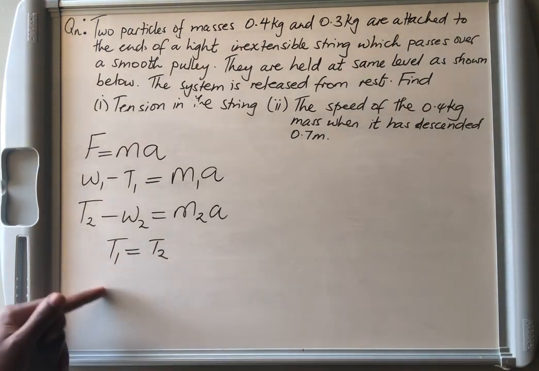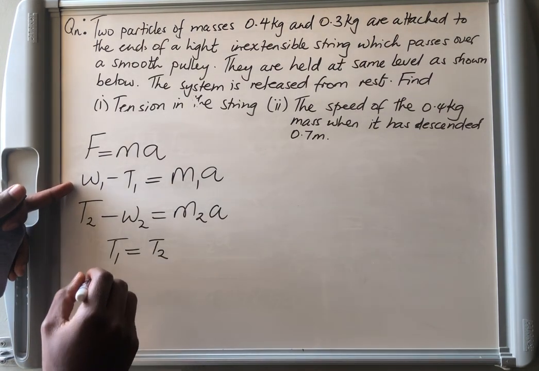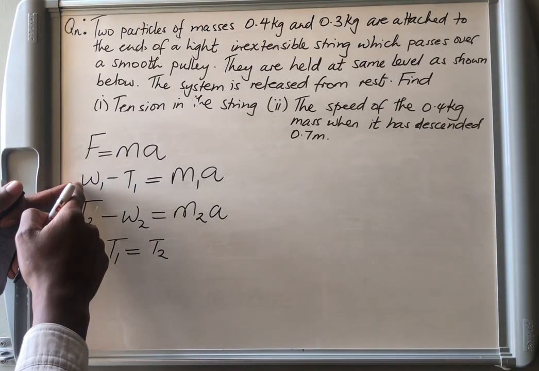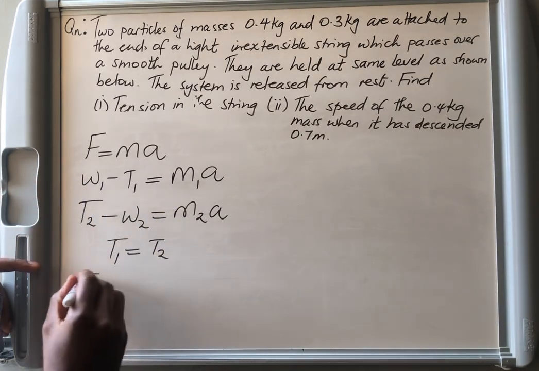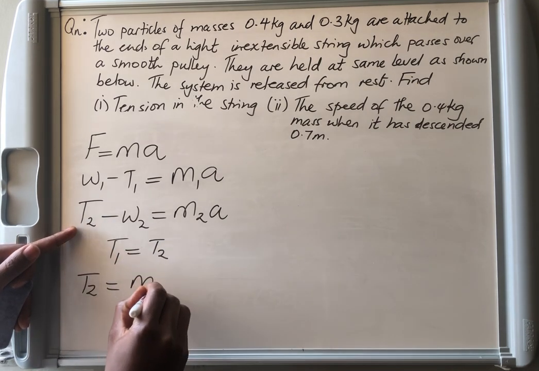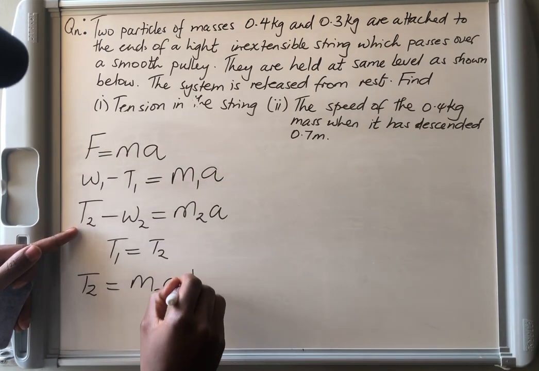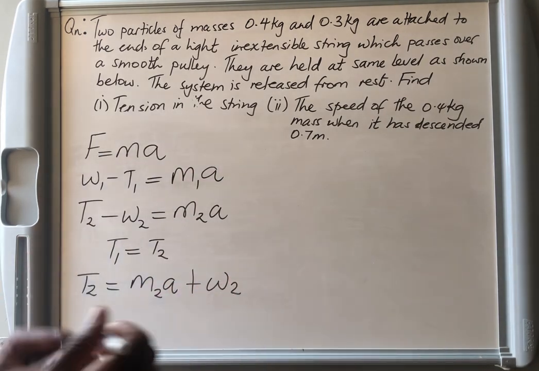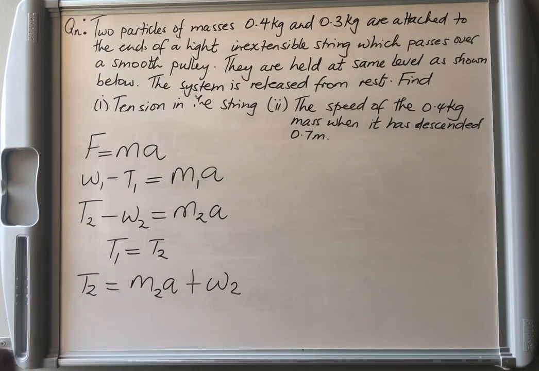So now I'm going to substitute one of these in place of the other. So using equation 1, let me make T2 the subject of the formula. So my T2 is going to be equal to m2 a, and I'm going to take this to the other side, plus W2. So in place of T1 or T2, I will put this. Why? Because these two tensions are the same.